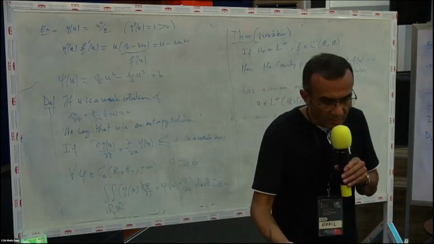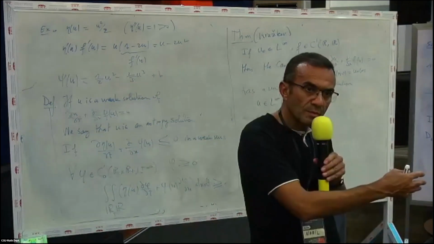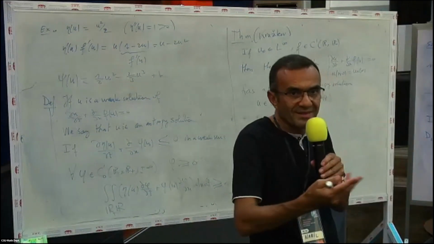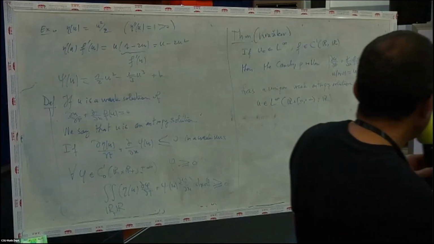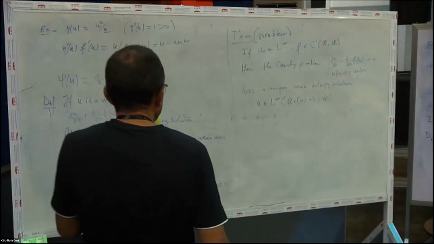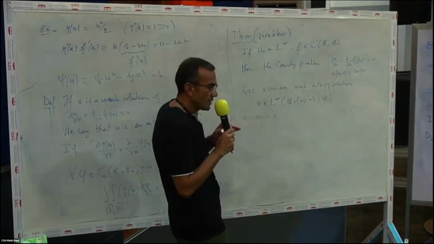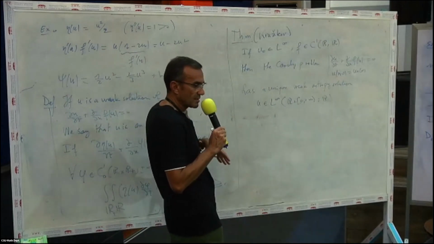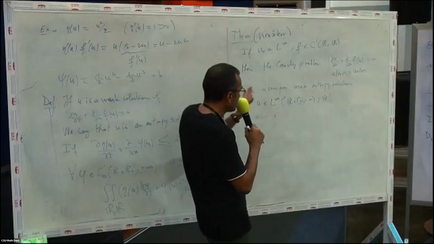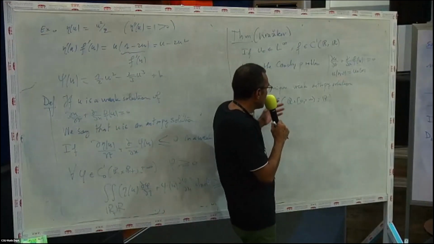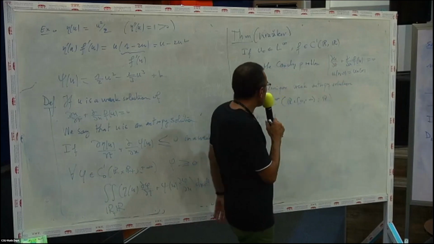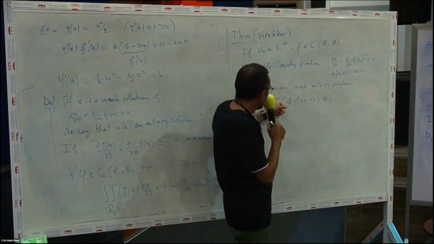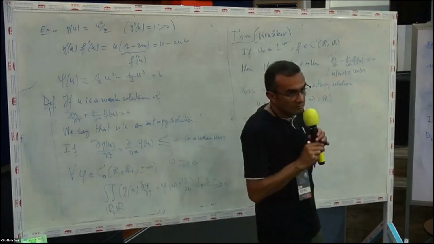If you have a smooth solution, it's also automatically a weak solution, but the contrary is not true. All smooth solutions are weak. For example, we studied first the characteristic method. We begin until some time T star, and then after we will not have a strong solution, but we continue maybe with a shock wave, something like this. We know just that the solution is bounded in our case.